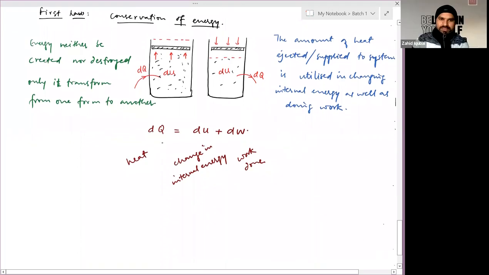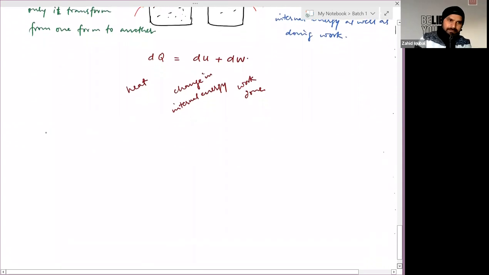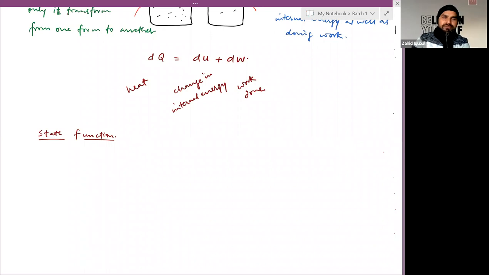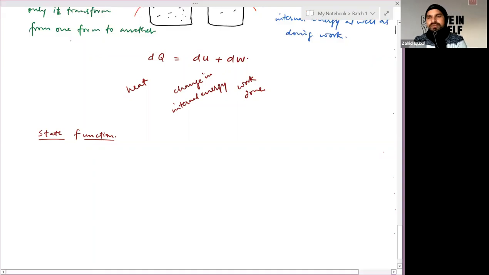Now, related to these three quantities, dQ heat, internal energy, and work, we may divide them into two parts according to their property. First is state function. In chapter 6, I defined conservative force and non-conservative force, in which a conservative force is a force for which work done is path independent, it depends only upon the initial and final point.